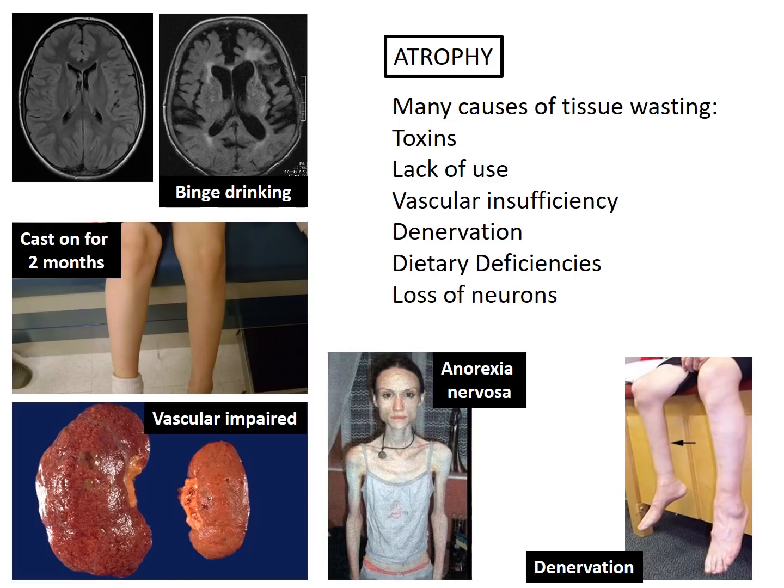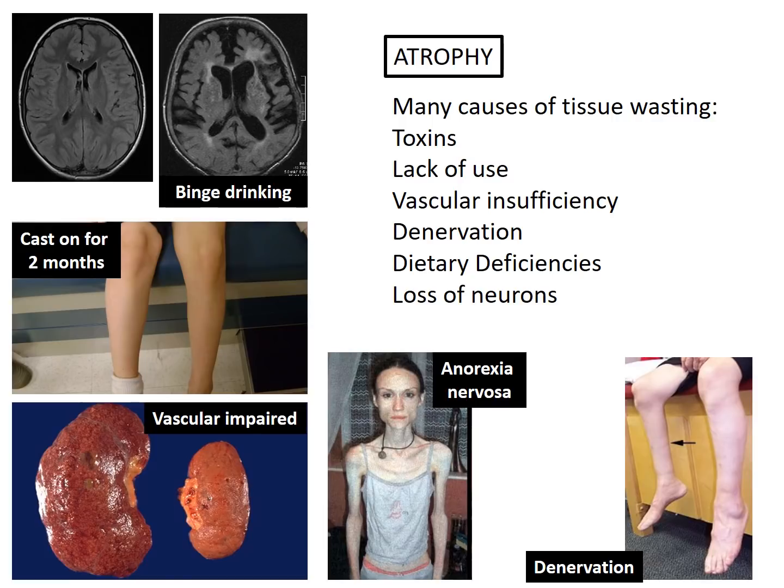That's the effect of chronic alcohol abuse on the brain, which is atrophy of the cerebral cortex and dilation of the ventricles and dilation of the subarachnoid space. Lack of use can lead to atrophy. If you ever had a cast on for a long period of time, you know what your muscle looks like on the affected side, so disuse atrophy.